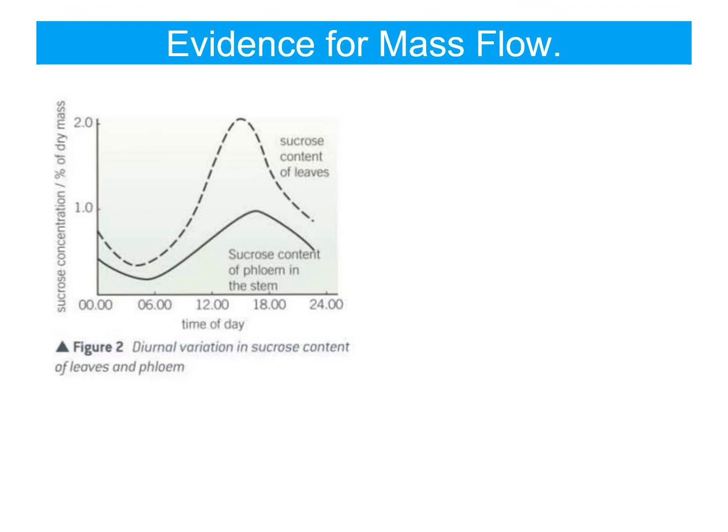There's also evidence of mass flow, because if we look at the sucrose levels in the leaves compared to the sucrose levels in the phloem, they effectively follow each other. So when the leaves have got loads of sucrose, it will then be followed into the phloem.